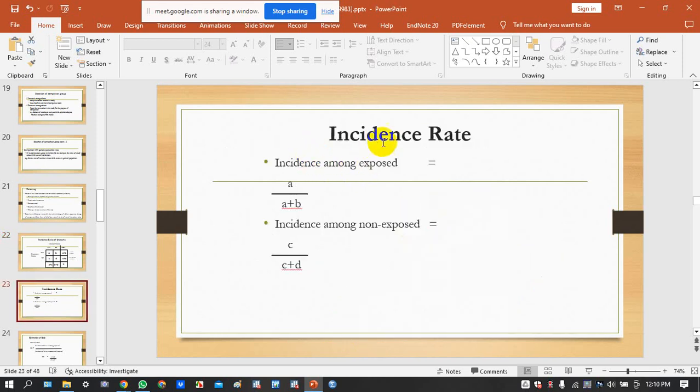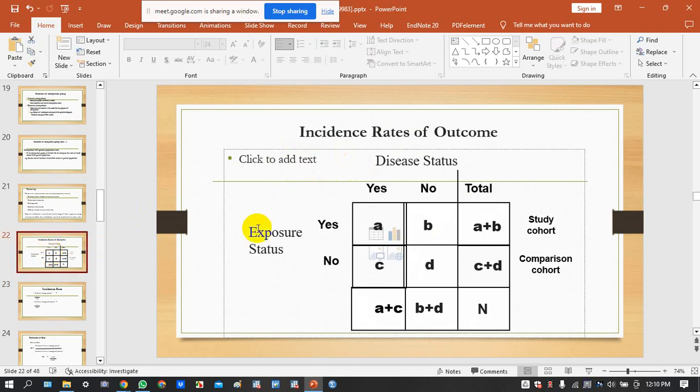We are going to calculate incidence, that is the new cases. If you want to have new cases of HIV for 2023, then we consider from January to March. So the new cases will be A, those with the disease, over A plus B.